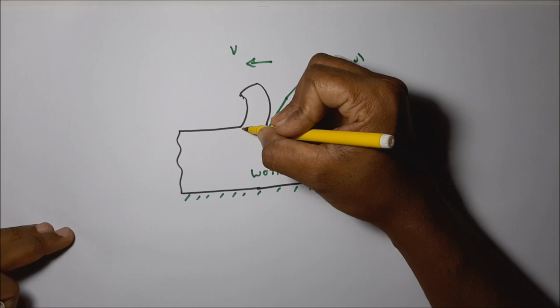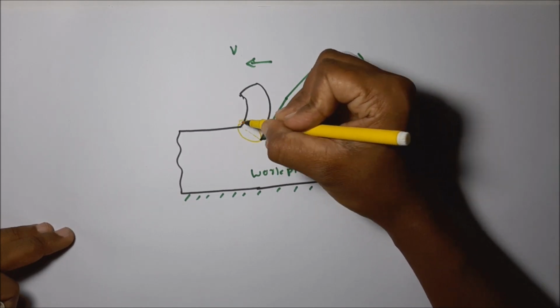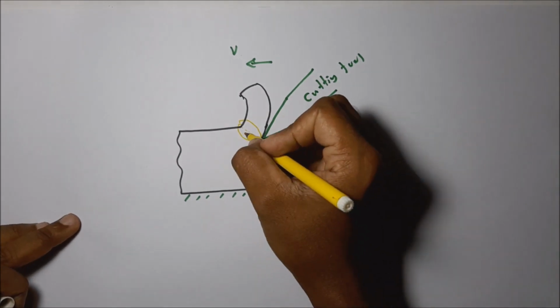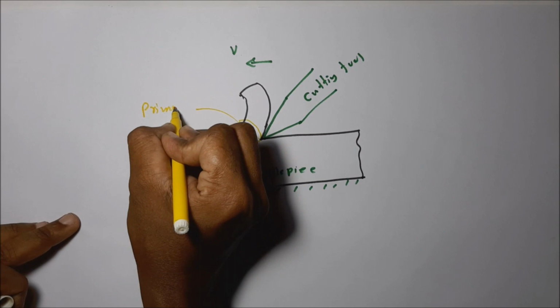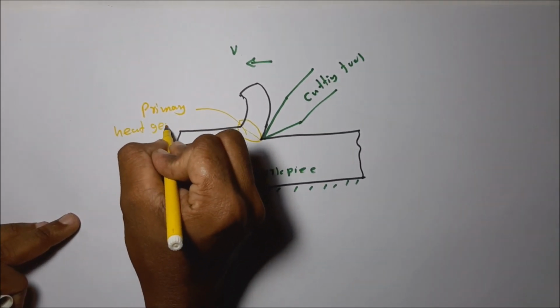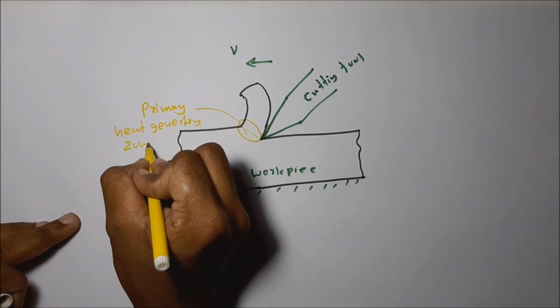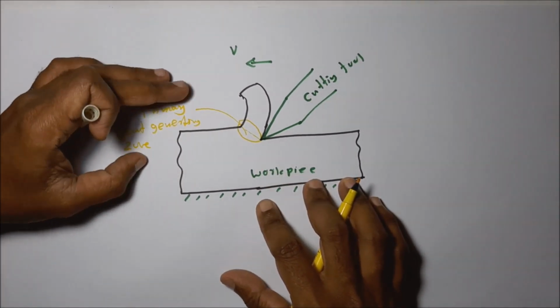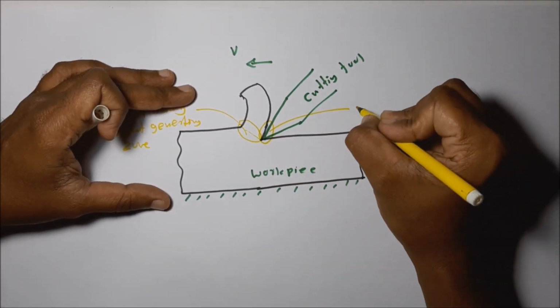Okay, then last lecture we identified this zone as the primary heat generating zone. Then this is called the secondary heat generating zone.